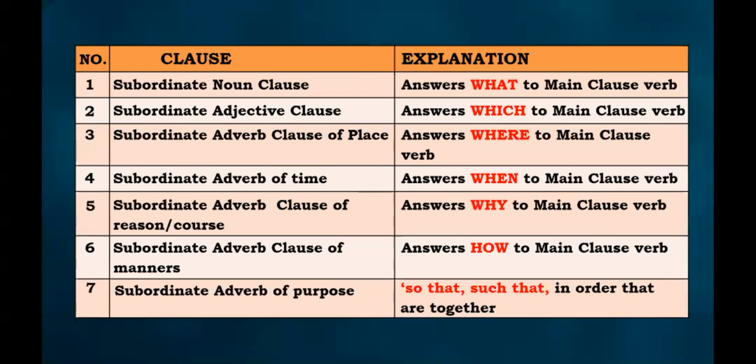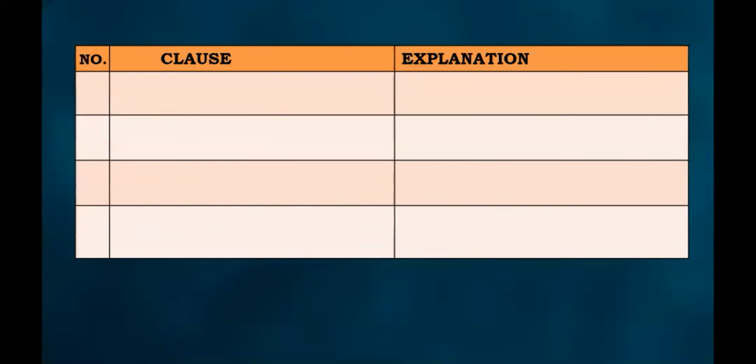Okay, moving on. The next type: subordinate adverb clause of result. It cannot be, my dear, adverb clause of reason because, now what's another easy way to identify the difference between reason and purpose?